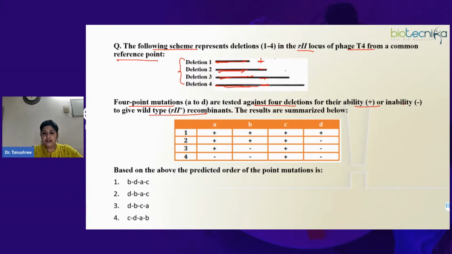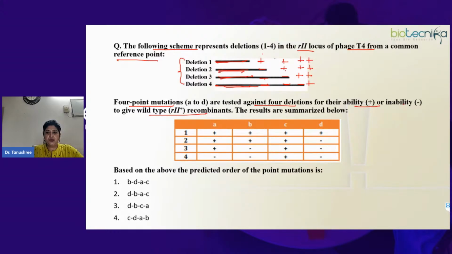Draw it, try and then tell me. Yes or no? And then finally you can have plus plus plus plus.